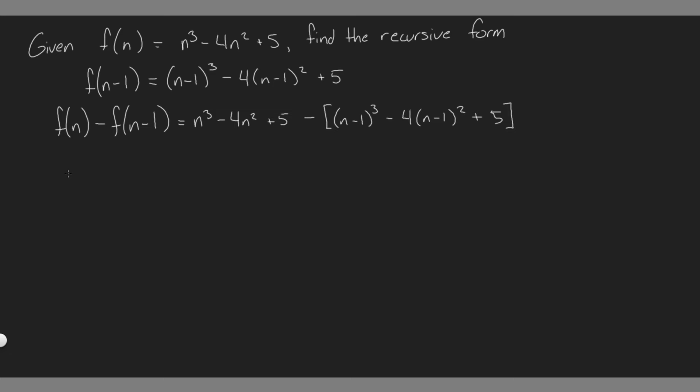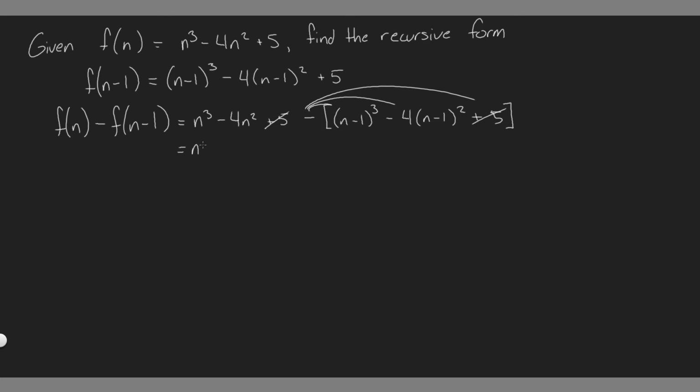So let's go ahead and start simplifying this. The first thing we want to do is distribute out this minus sign here. So that'll turn this into a minus 5, which will allow us to cancel it here. So we can go ahead and make a simplification there. But outside of that, we're going to need to start expanding out these portions here.